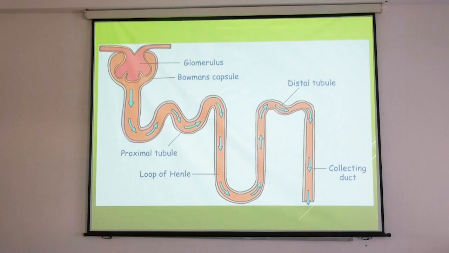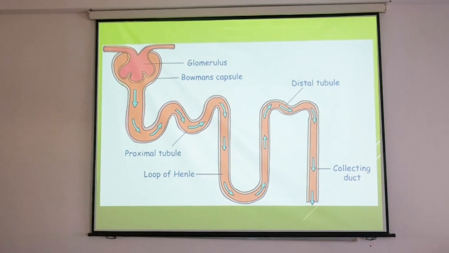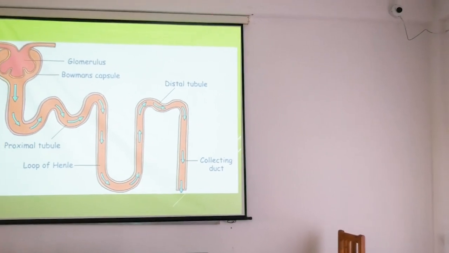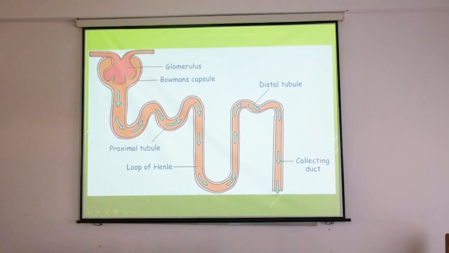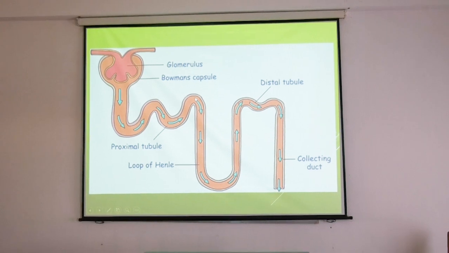So this glucose, some amount of sodium, and amino acids have to be absorbed back, because urine does not contain glucose and amino acids. So here in the proximal convoluted tubule, most of these things are getting absorbed.